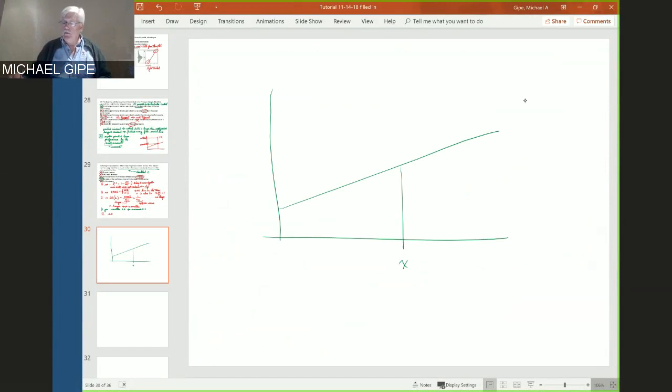A point out here is leveraged. If that point is down there, it has a lot of pulling power, right? So that's a highly leveraged data point. It doesn't necessarily mean it's influential, because if that point was already on the line, it would just confirm the regression line that you have. But it has a lot of leverage. If it were off of that regression line, it would have a large influence on pulling that regression line.